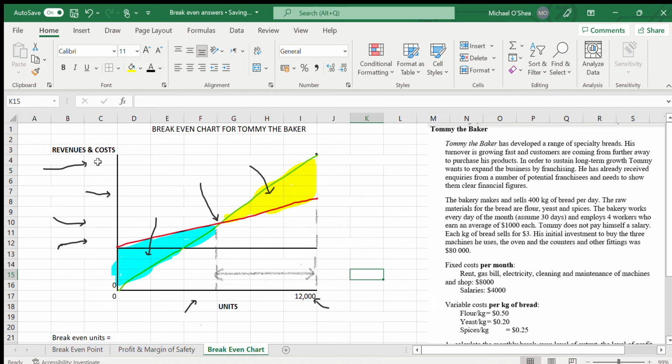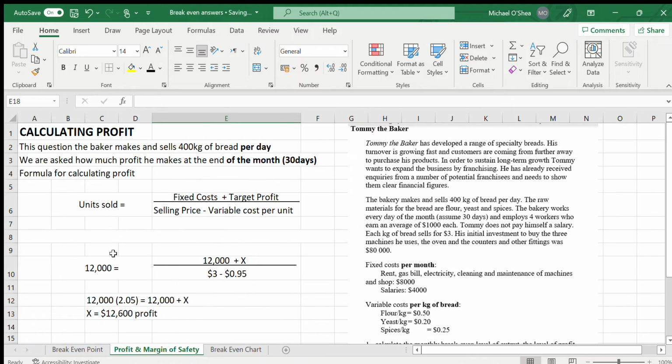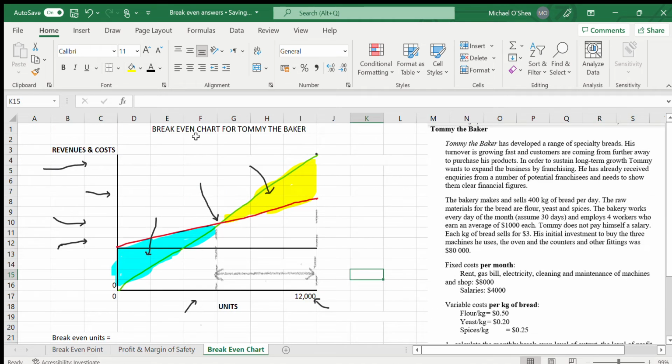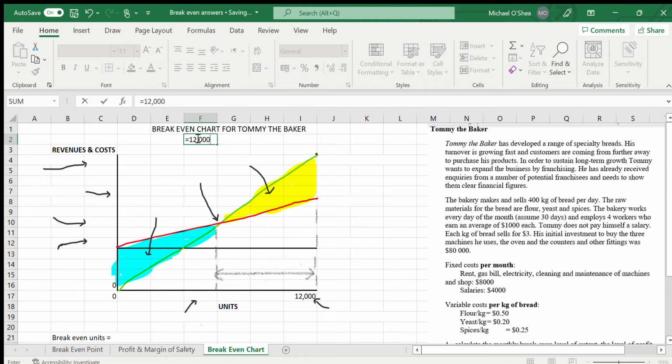Do the same here for revenue and costs. This column is always just dollars, pounds, dirhams, euros, doesn't matter. It's always money. So it's the sales and the cost. What's the highest that's going to go up to? It's always the selling price, always the sales. And so let's find out what the total sales are. If we sell 12,000 units, and the selling price is $3, the total sales is going to be 12,000 multiplied by $3, which is 36 grand, sorry.